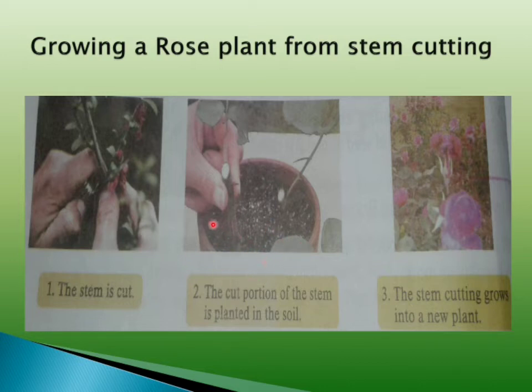The cutting portion of the stem they are planting in the soil. Later on the stem cutting grows into a new plant. Okay, so here they are introducing a stem cutting from a rose plant. Later it will plant newly.